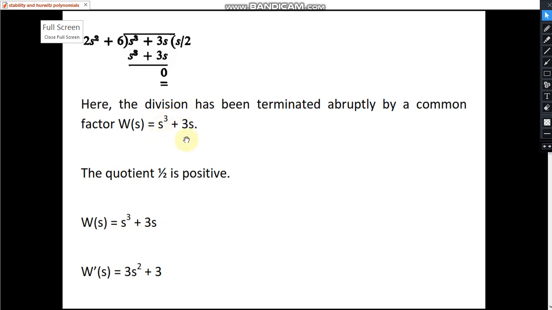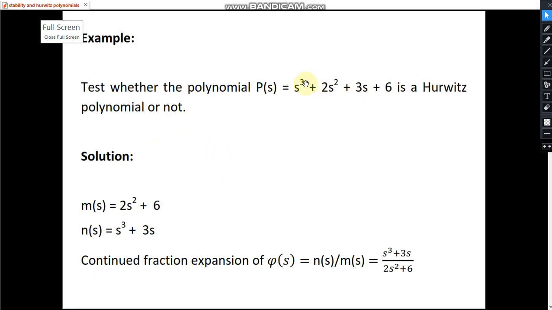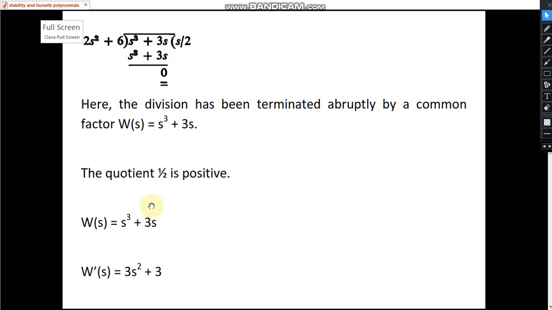If it is not Hurwitz, then the given polynomial will also not be Hurwitz. So one more thing, common factor must be Hurwitz and quotients should also be positive. So quotients are positive, that is okay. But what about the common factor, whether it is Hurwitz or not?